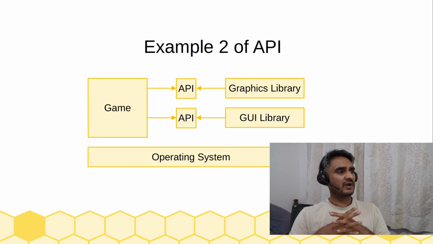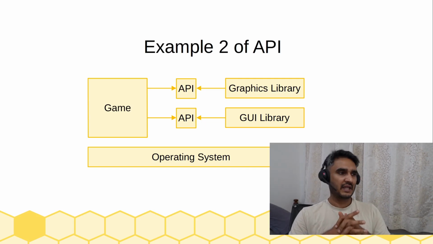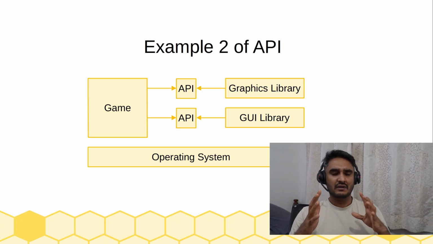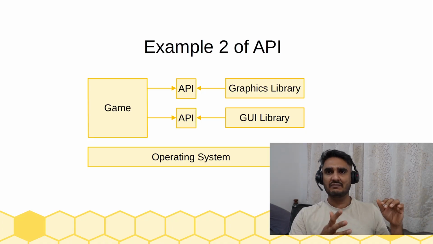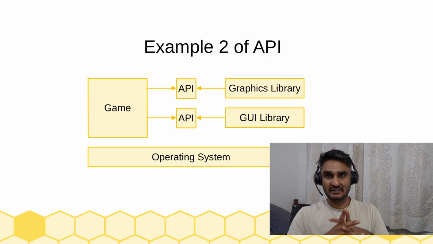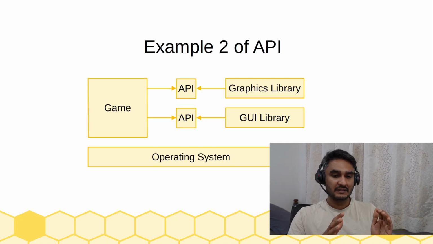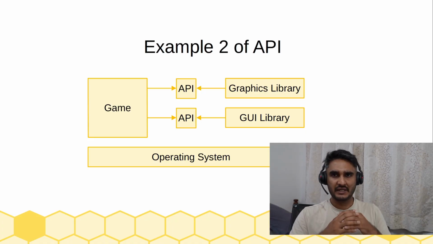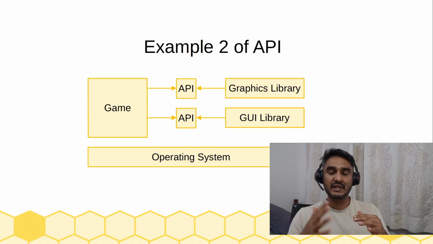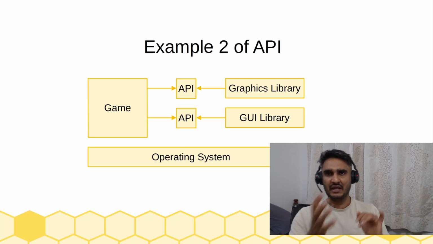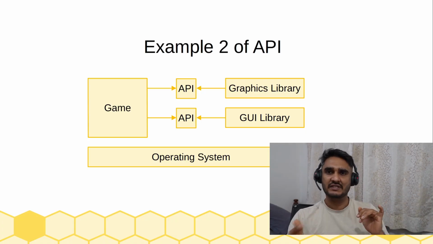If you are considering a game, a game renders some graphics onto the screen. So the core feature of the game need not know about how things get rendered. That will be done as a separate component, and it may be implemented as a library, which this game can directly integrate and call these functions.